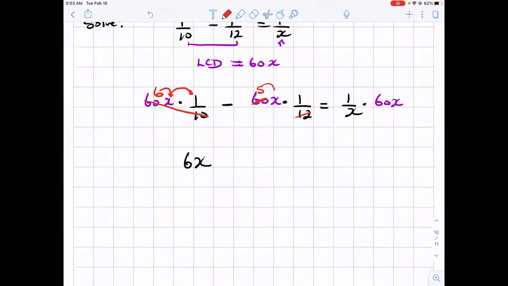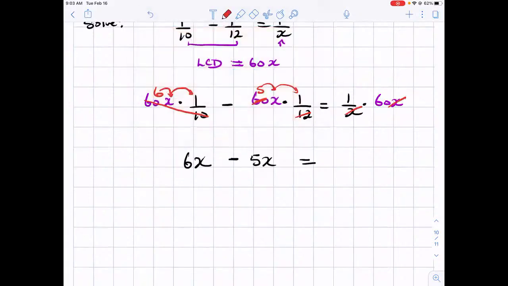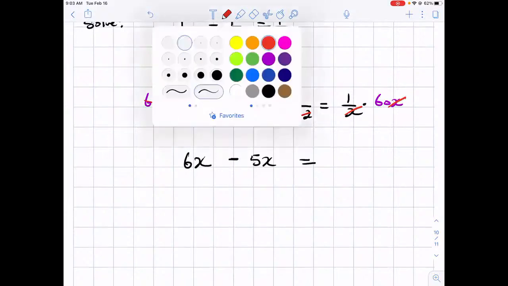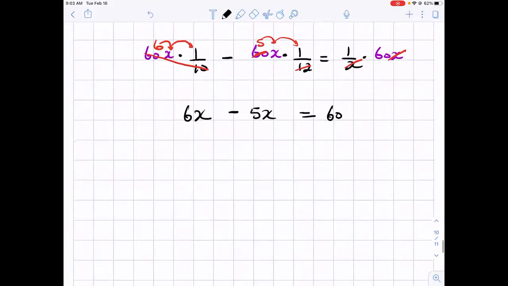So 5 times x times 1 just becomes minus 5x. And here, the x will cancel with the x, and that leaves me with 60. So like terms, 6x minus 5x is x, is equal to 60.